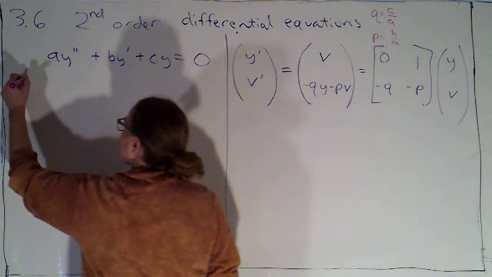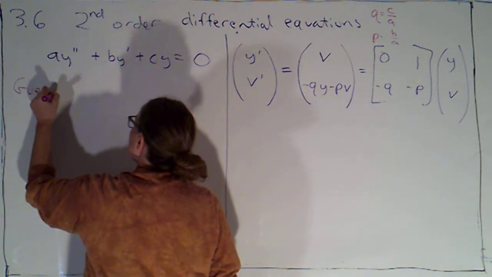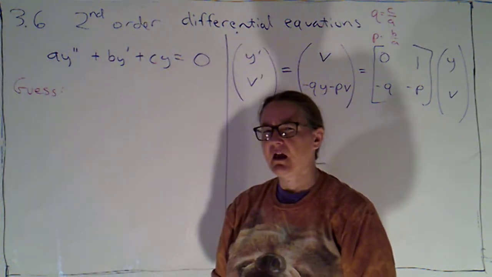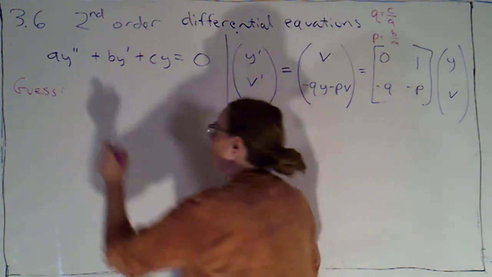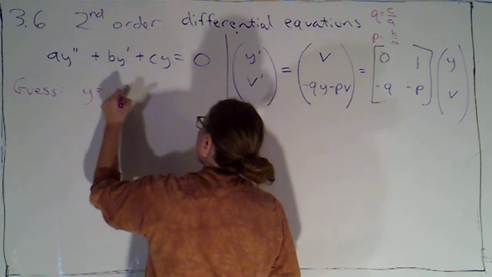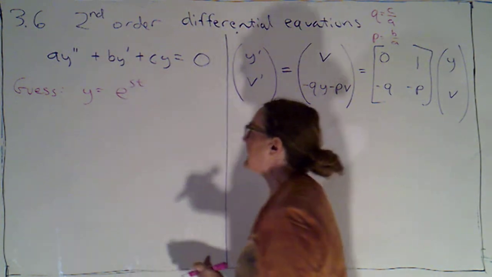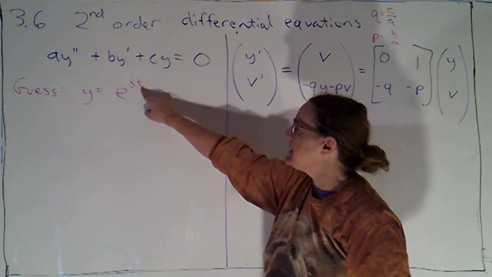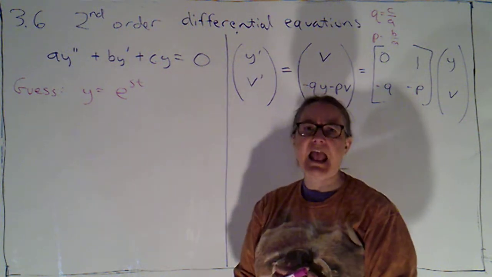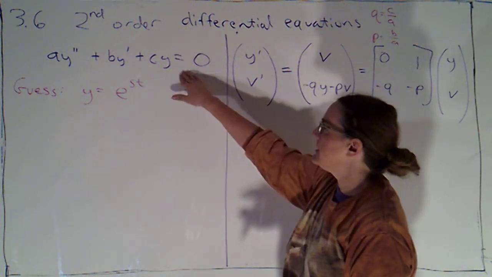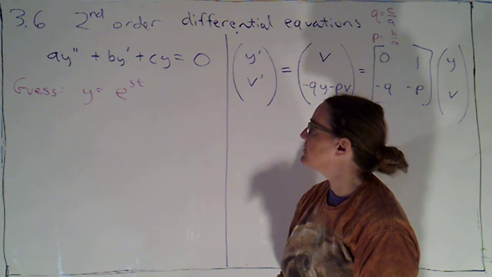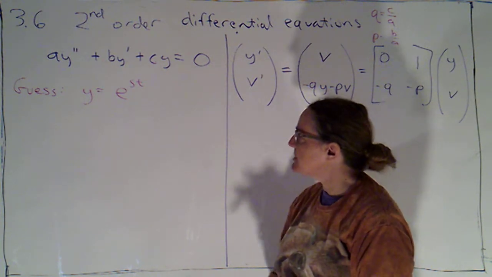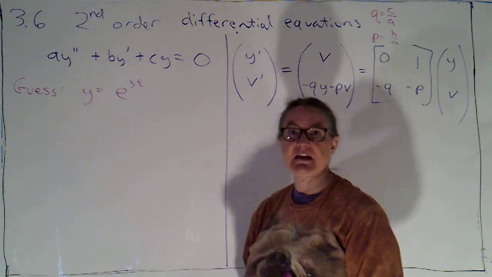So over here, when we had these second-order differential equations, our technique was to guess. We were going to guess that y equals e to the st, where s is an unknown, e to a multiple of t, that this was going to be a solution to this differential equation. And what we wanted to do was then figure out what multiples of t would work.